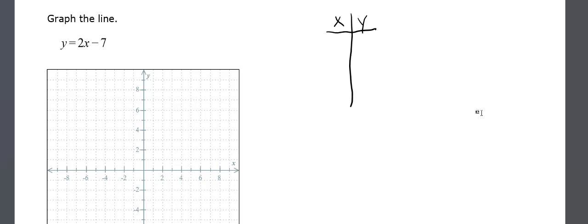Now in this case, if it just gives us y equals, it's easier if we just substitute values in for x. And like I said, you could choose anything you want. I'm going to choose 0, 1, and 2. So one at a time, I'm going to substitute those given values into my equation.